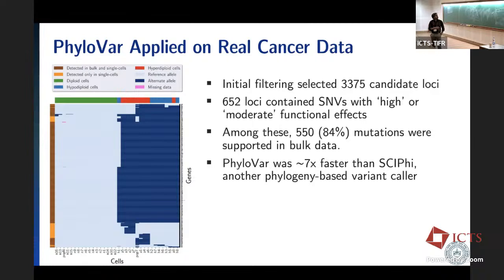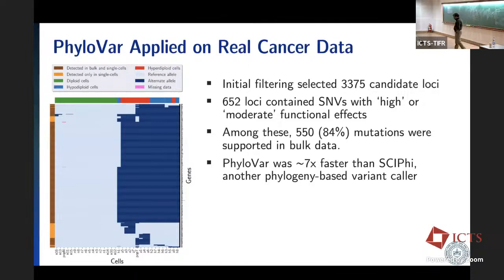For this particular data set, the result of phylovar and sci-fi was similar in the genotype matrix, even though sci-fi's result was a little bit noisier. But what is important is that phylovar was 7 times faster than sci-fi. So in a practical scenario, this becomes much more applicable, okay?